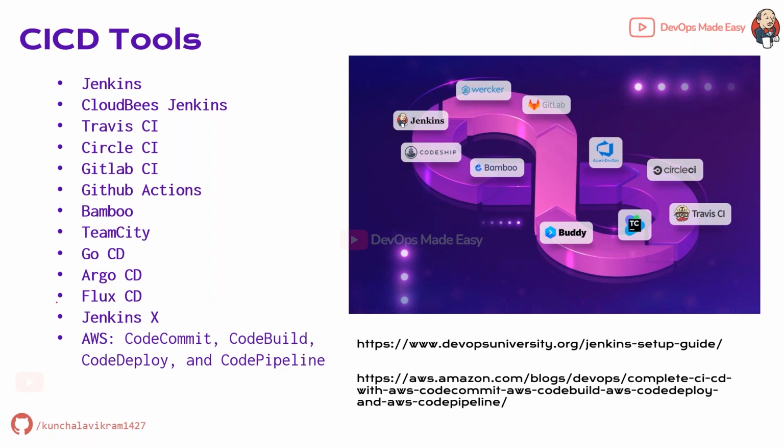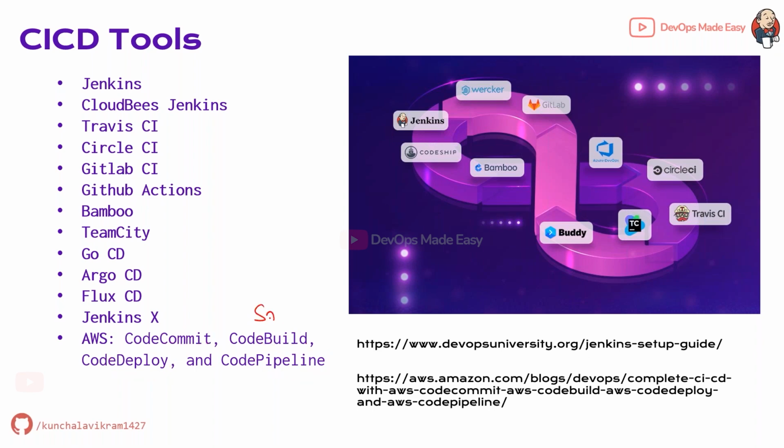Coming to the cloud vendors, they have their own versions of source code management, their own versions of CI, and their own versions of CD. For AWS we have CodeCommit, CodeBuild for building the code, CodeDeploy, and CodePipeline. All the terms are obviously the same, but their offerings are different.